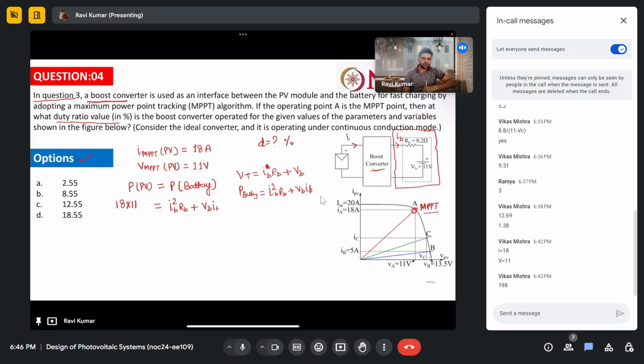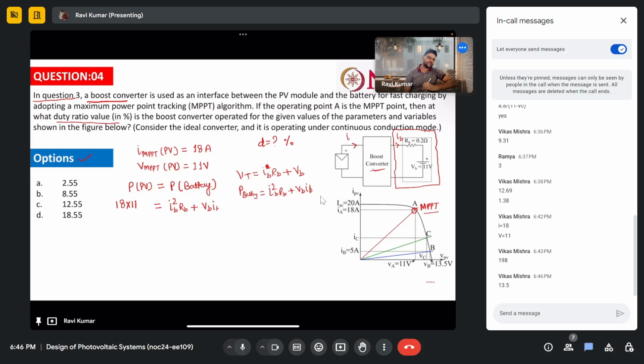What is the value of VB given here? VB is 13.5.